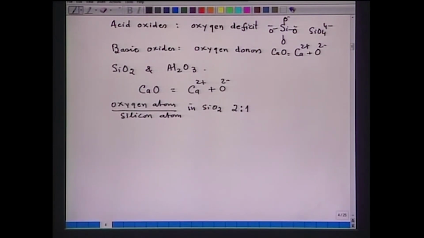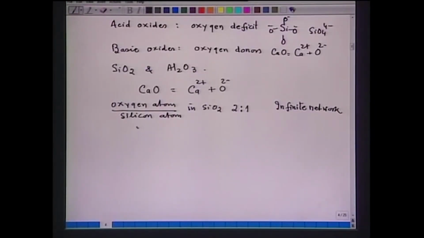In that case, all the corners of the tetrahedra are shared, all the vertices of the tetrahedron in 3 dimensions are shared. The size of the ion which will be available is very high, and hence the viscosity of slag is very high. Now, what do I do?